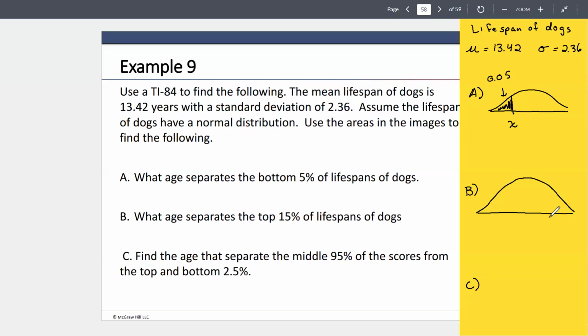B is what age separates the top 15%. So this up here, for whatever the X value is, should be 0.15. That means that the area I need for my calculator is here. So it'd be that 1 minus my 0.15. It's going to be 0.85.